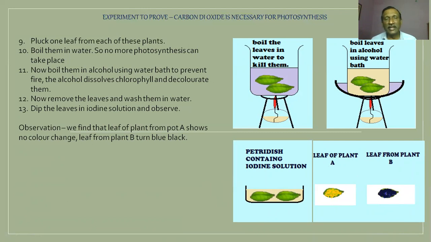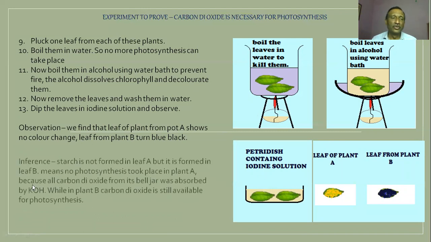This is a sign that starch is there, and starch can be produced only in photosynthesis, because the already stored starch was consumed when we kept the plant 3 to 4 days in dark.